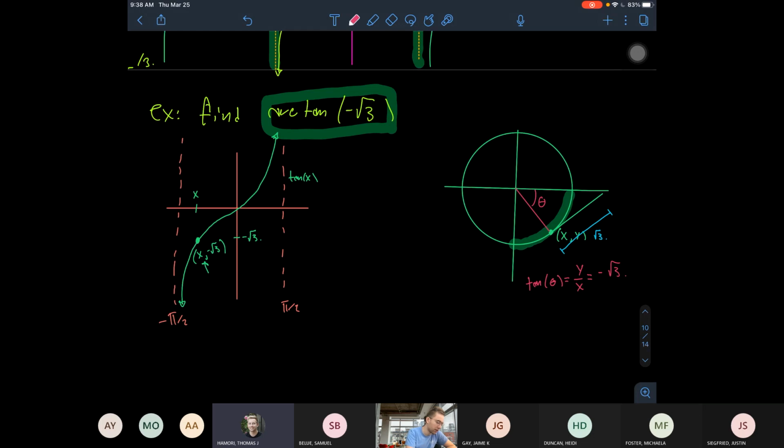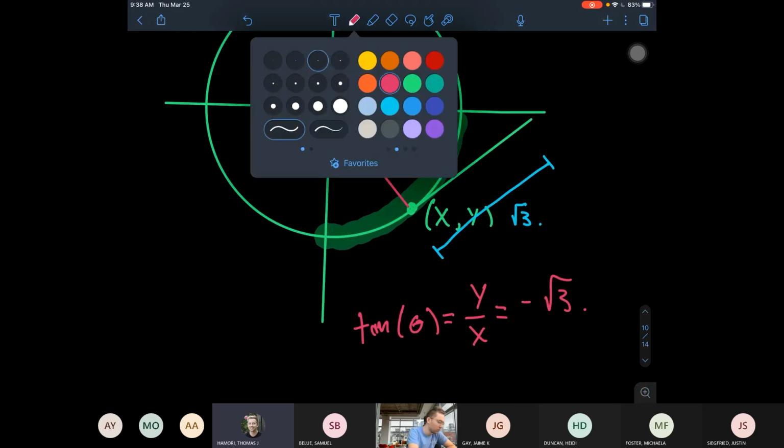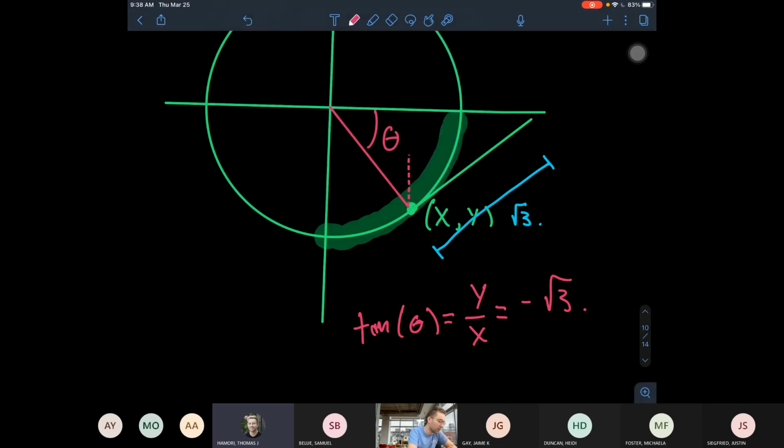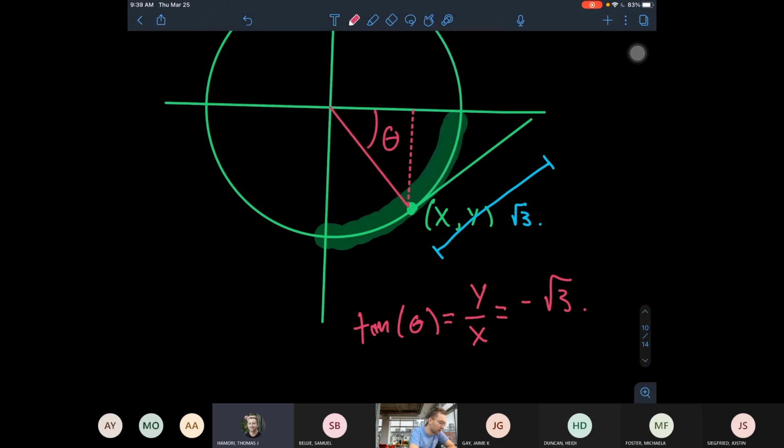Okay, so here's how we can think about this. As usual, I'm going to complete this triangle here and think hard about the way this triangle is going to work. So here's the angle theta, and we do know one of the side lengths is 1.